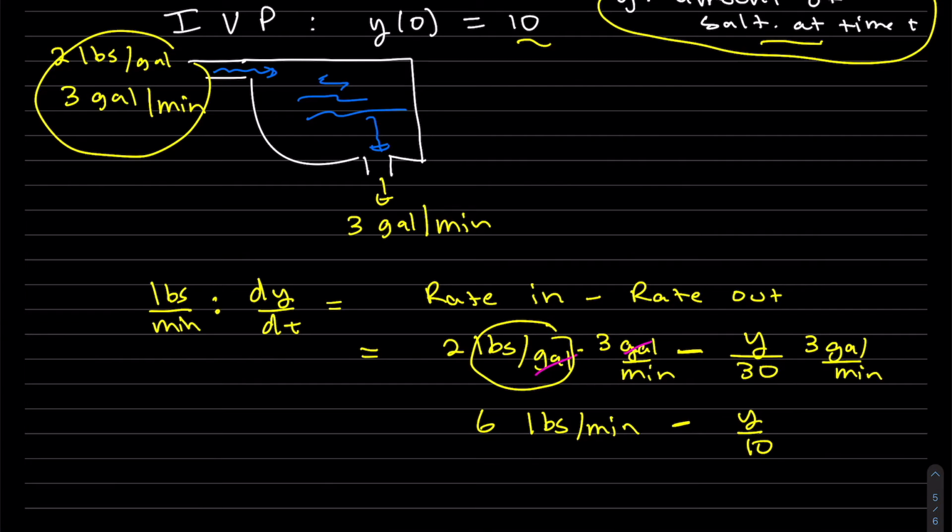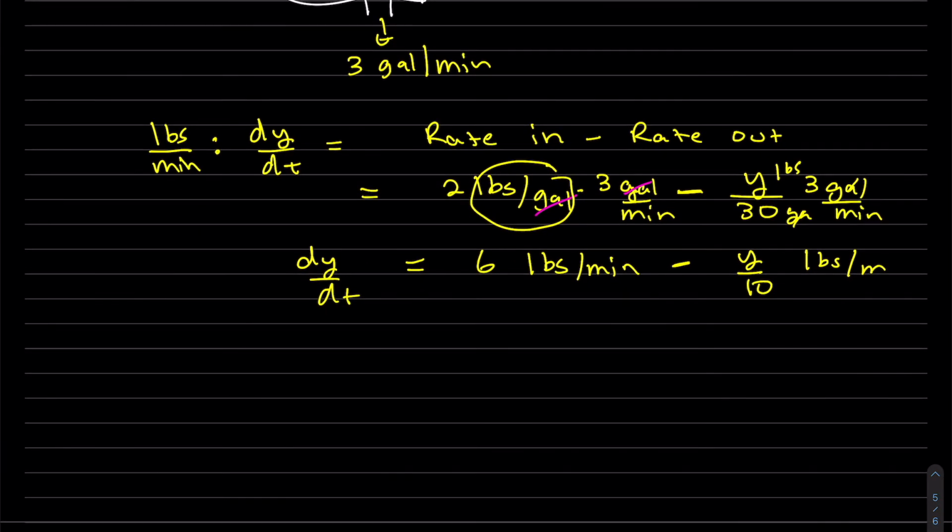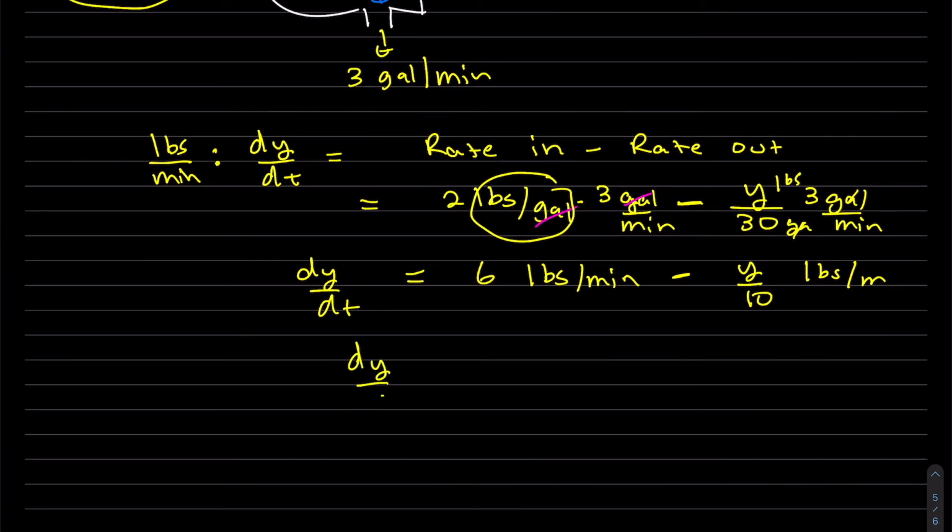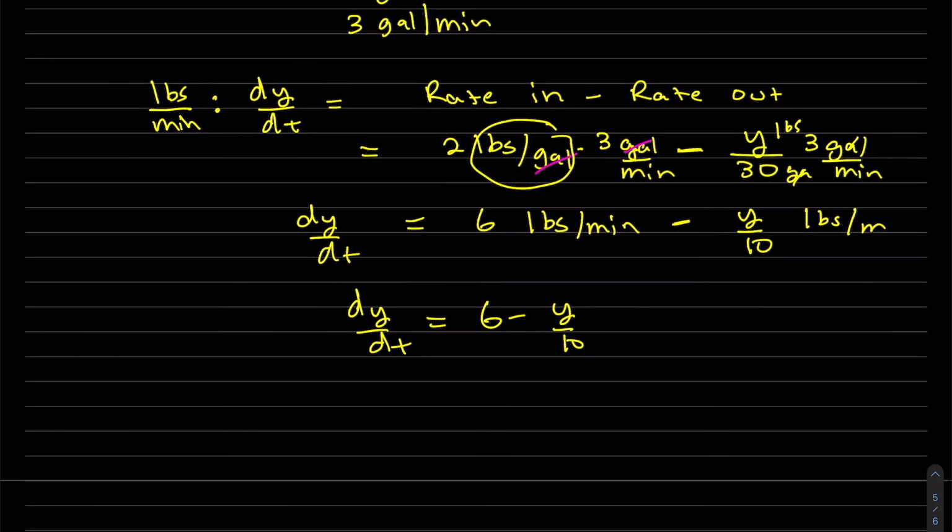And again, it is pounds per minute, because that's pounds, that's gallons, the gallons cancel, and we get pounds per minute. Now let's solve it. I think we can separate it pretty easily.